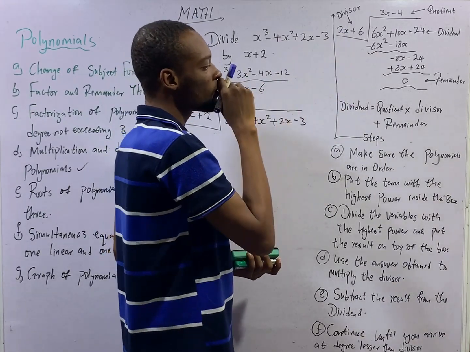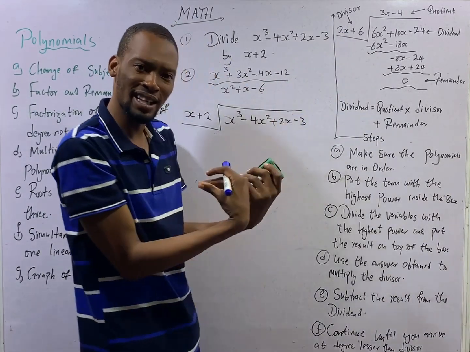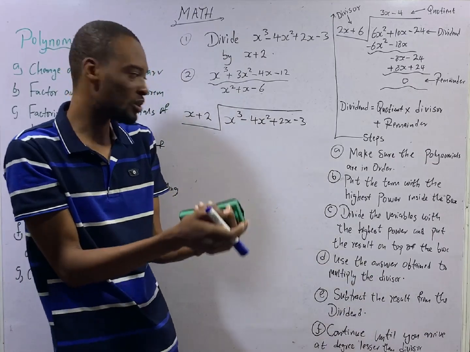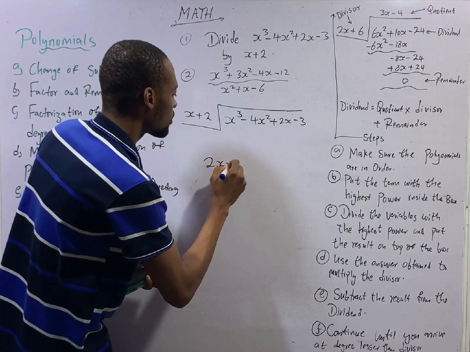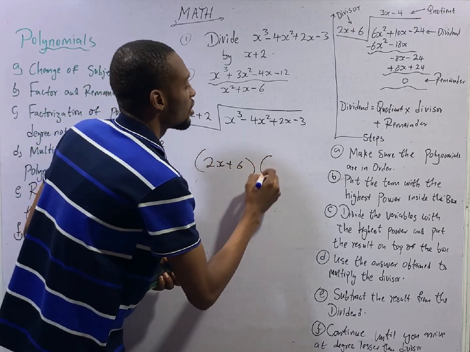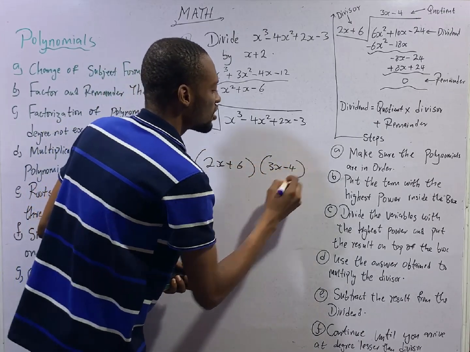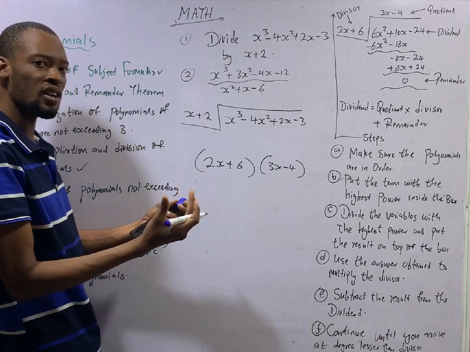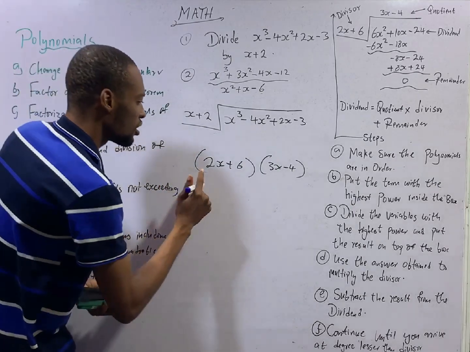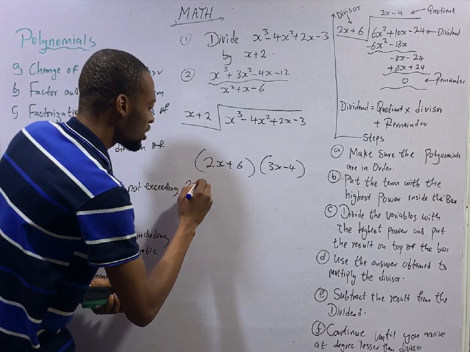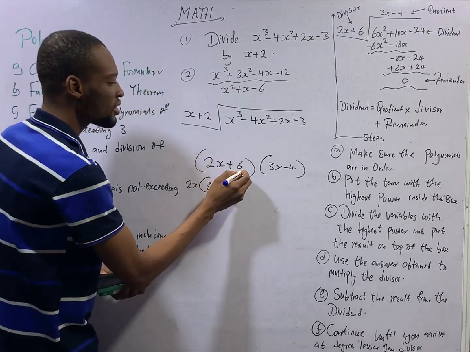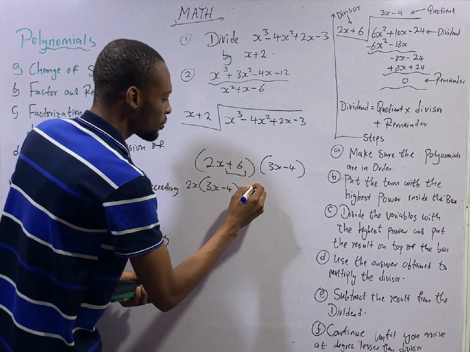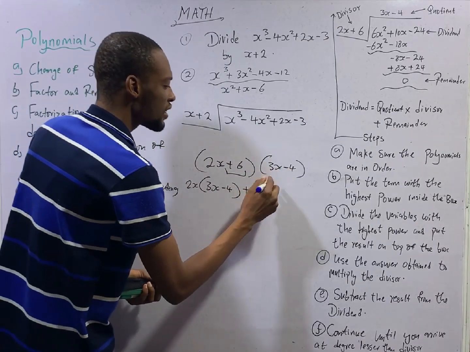If you multiply them via what I taught you earlier under multiplication of polynomials, that should be something like this: 2s plus 6 and 3s minus 4. I told you to distribute one over another, which is you pick 2s and distribute it over the second box. What is remaining? Plus 6. You write out plus 6, distribute it over the same box.